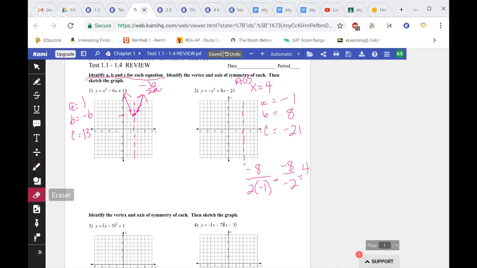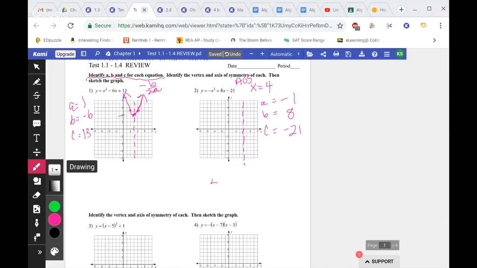And to find the y value for my vertex, I'll take that 4 and plug it back into the equation, which is going to be the opposite of 4 squared plus 8 times 4 minus 21.